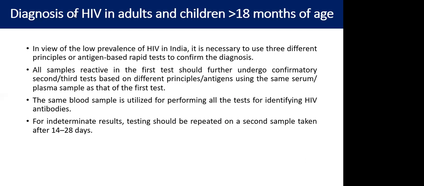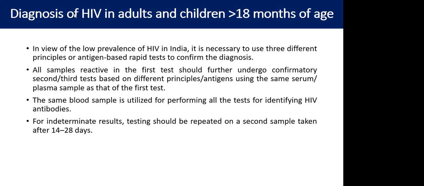So the same blood sample is utilized for performing all the tests. And for indeterminate results, you can come across cases. Suppose the first test is positive, and then you go for a second test. The second test is also positive, and you go for the third test. Suppose the first and second tests are positive and the third is negative, you call that indeterminate.